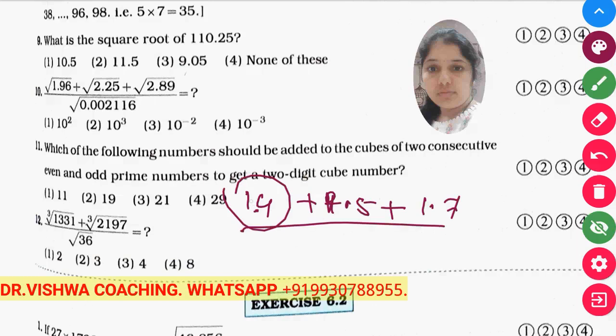If you add all of them, this is also the square root of 2116, a 4-digit number.